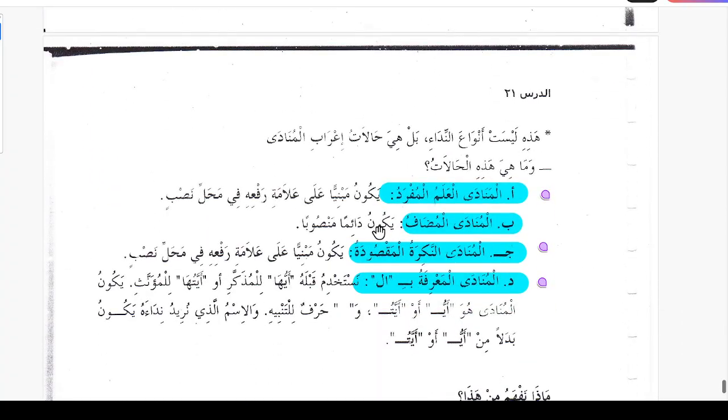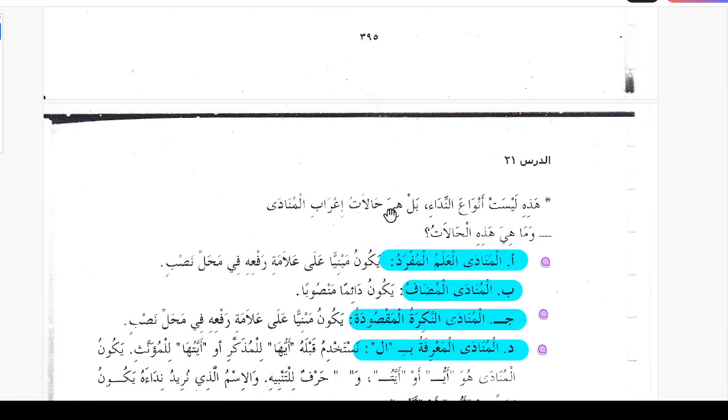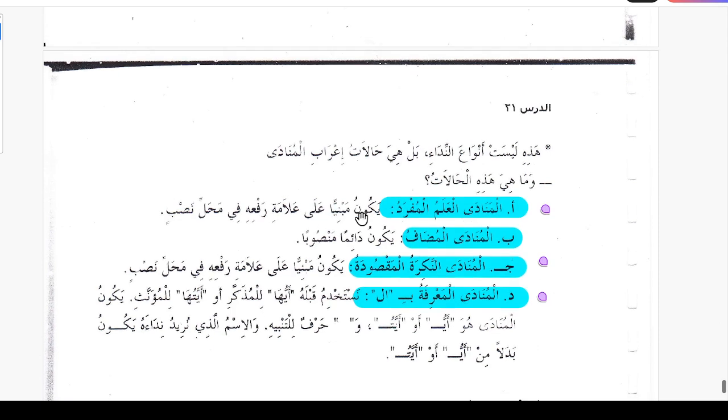So in this case yakunu daiman mansuban, so that in this case when we have mudaf alayhi, if we are calling somebody with the structure of mudaf ilayh, then this part is gonna be mansoob, just like we're saying here Amir al Mu'minina, not Amirul, Amir al. So it's gonna be mansoob always.